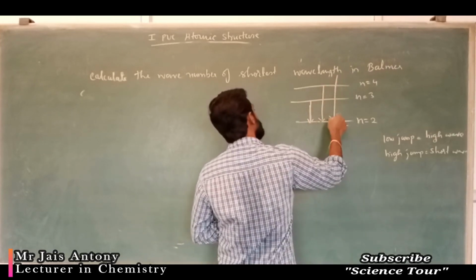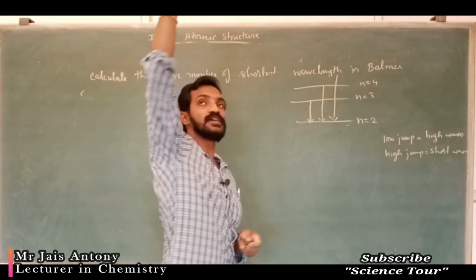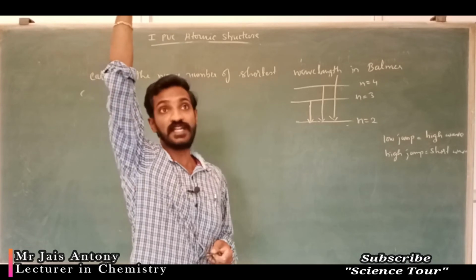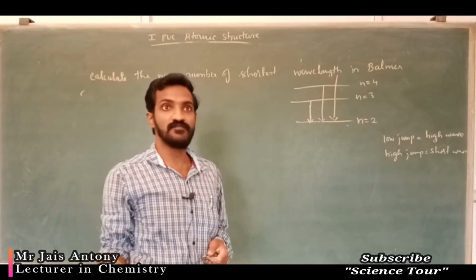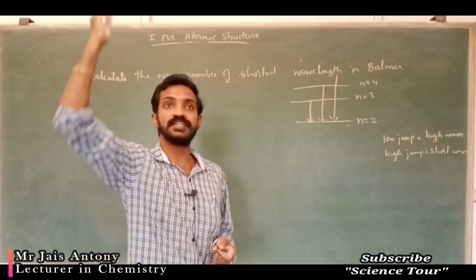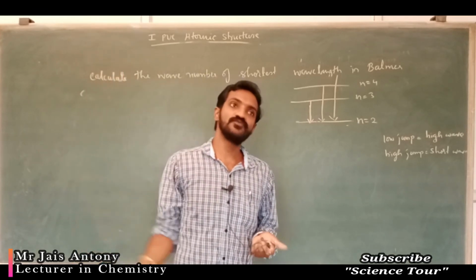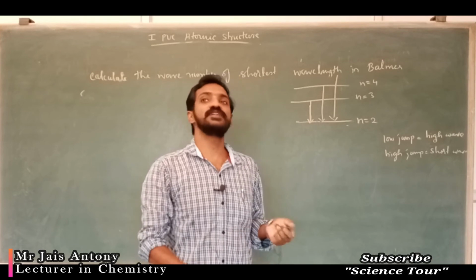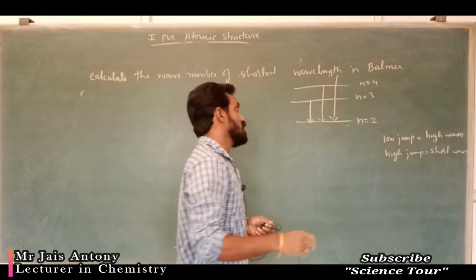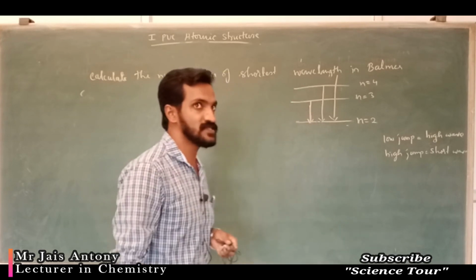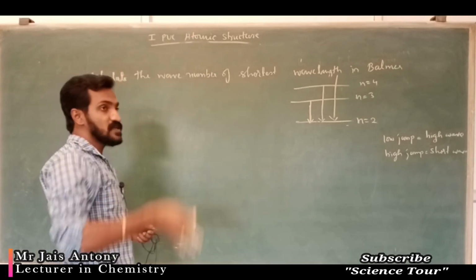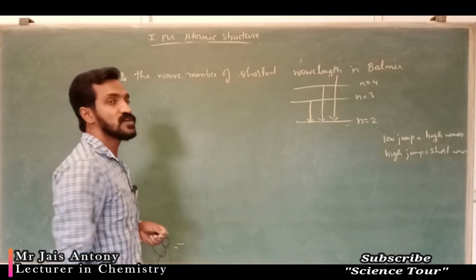High jump means from which energy level can it jump? From the infinity level. We don't know which one is the highest energy level here, it may be infinity. So the highest is considered as the infinity energy level. If it jumps from there, the wavelength is shortest.